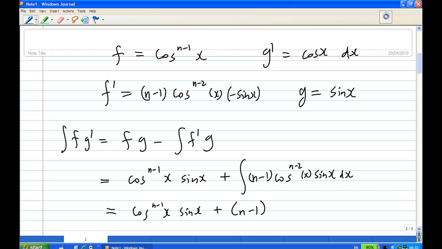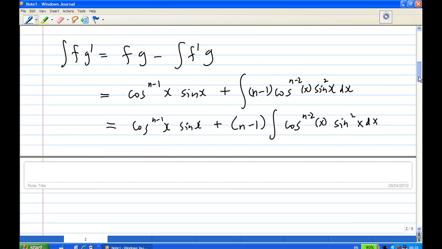Okay, I forgot there's a sine x here, and f prime g, so sine x to the square. So it is n minus 1 cosine power n minus 2 x sine square x dx.